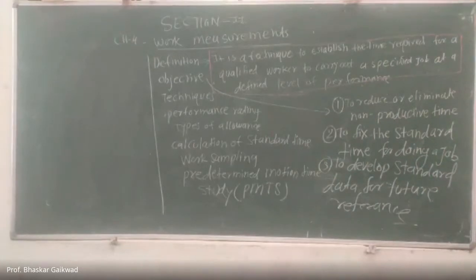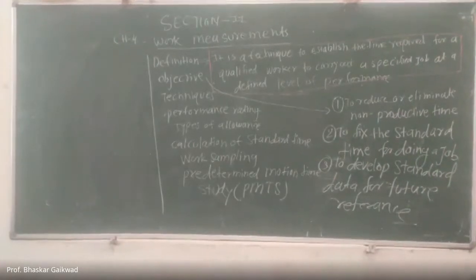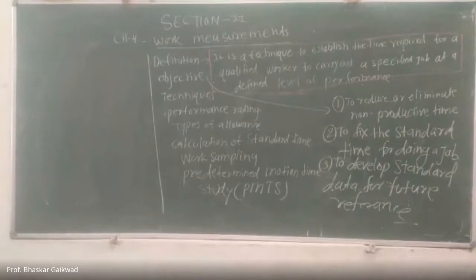Suppose in any industry, job production is there. Initially these jobs are there, we have calculated standard times, but after completing the job, we'll get the next order.